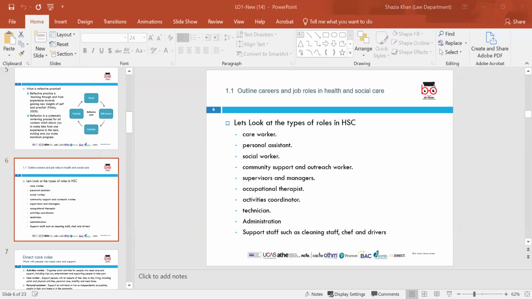So you've got things like care worker, personal assistant, social worker, community support and outreach worker, supervisors and managers, occupational therapist, activities coordinator, technician, administration, support staff, things like cleaning, cooks, chefs. Why is it important to have these different types of roles? Do they all do the same thing?